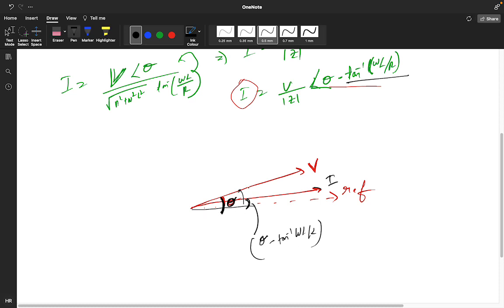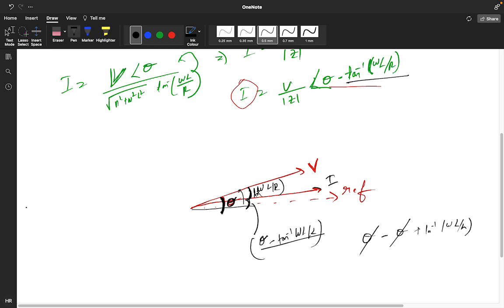And what is the value of this angle then? If this is theta and the other is theta minus tan inverse omega L by R, then theta minus theta plus tan inverse omega L by R. The thetas cancel out, so you get tan inverse omega L by R.